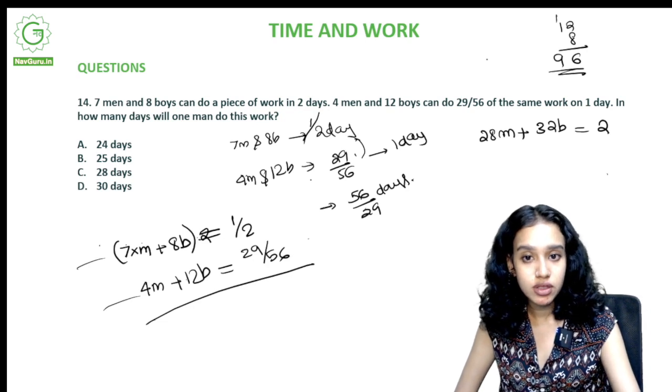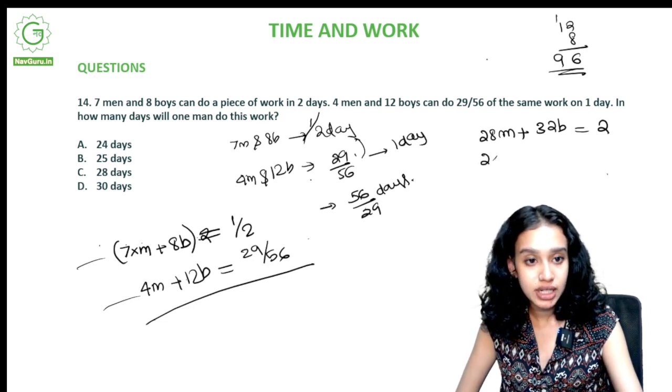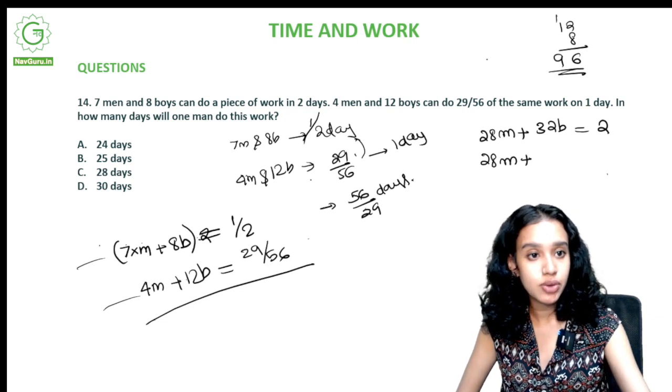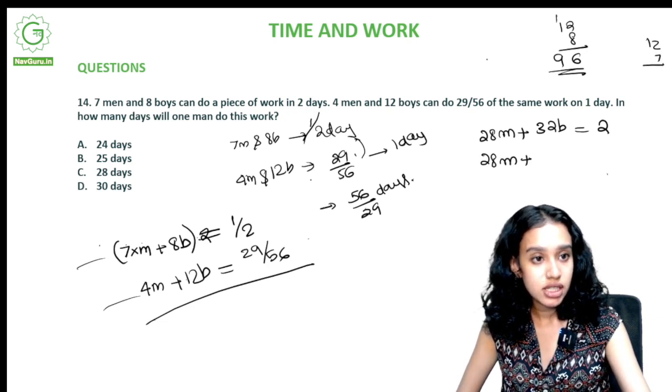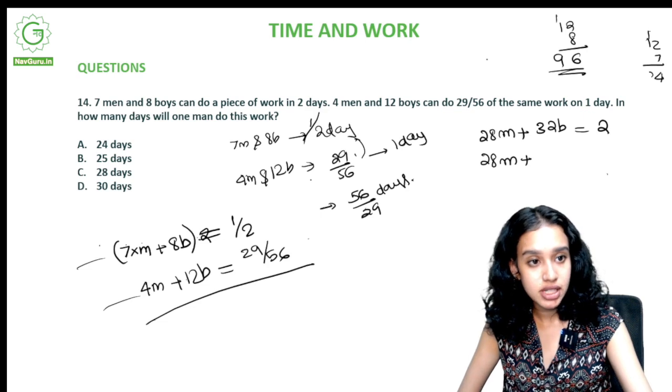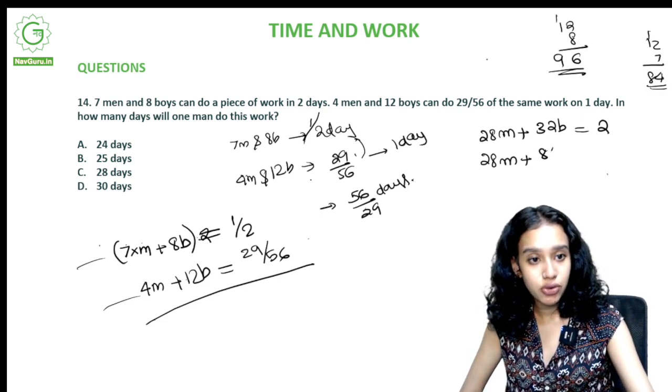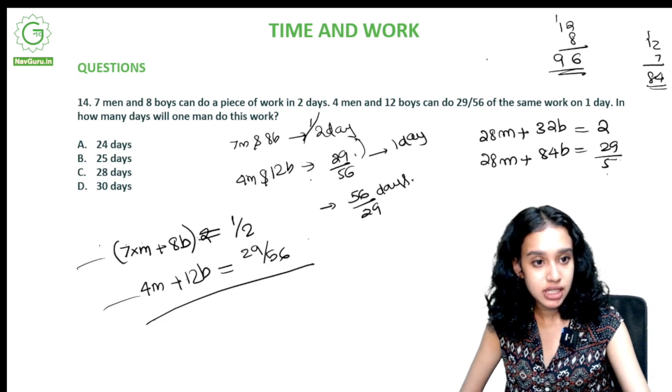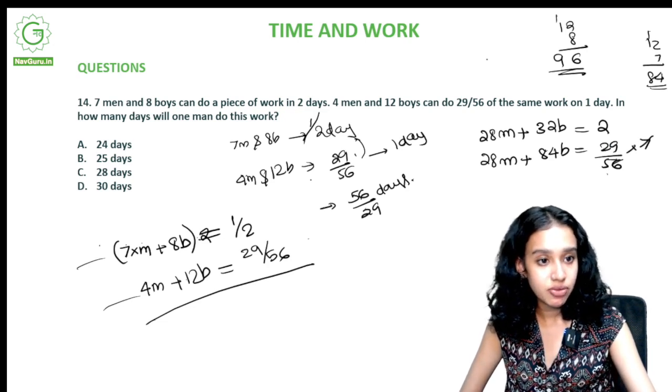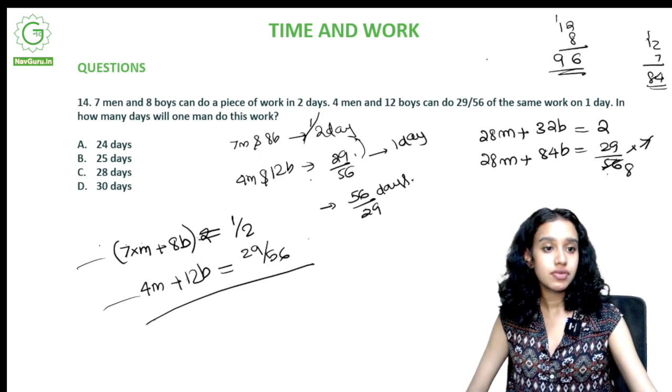Now we have 4m plus 12b. 4 into 7 is 28m plus 12 into 7, 7 2s are 14, 7 1s are 7 and 8, 84b is equal to 29 by 56 into 7, right? 7 8s are 56, right?